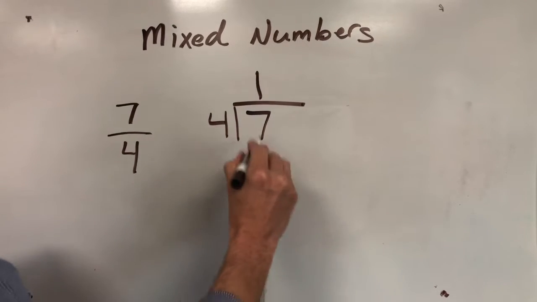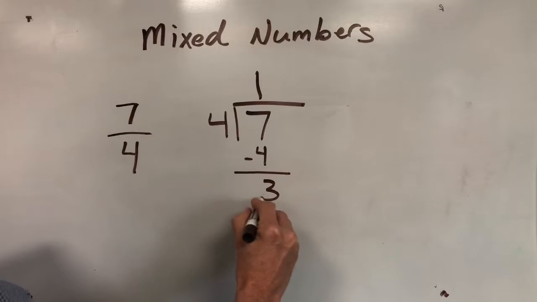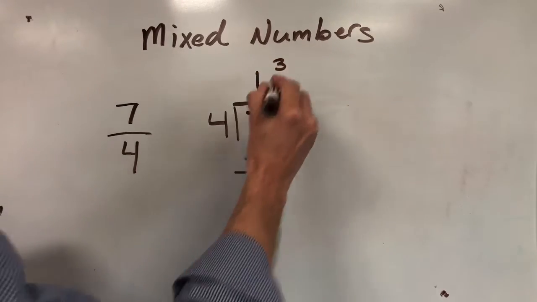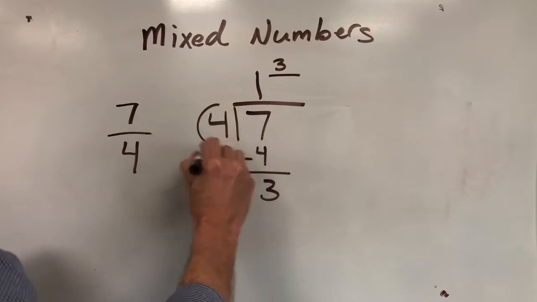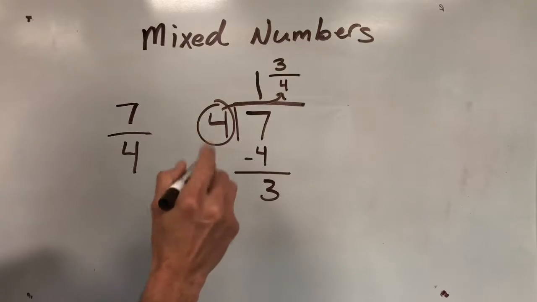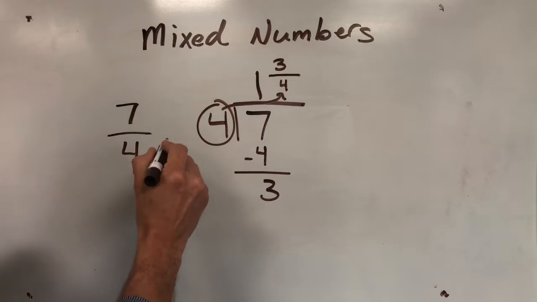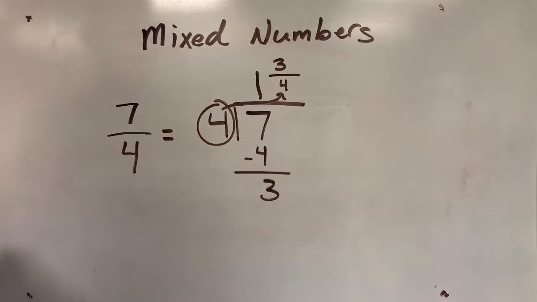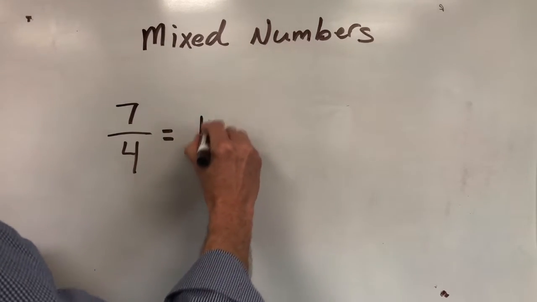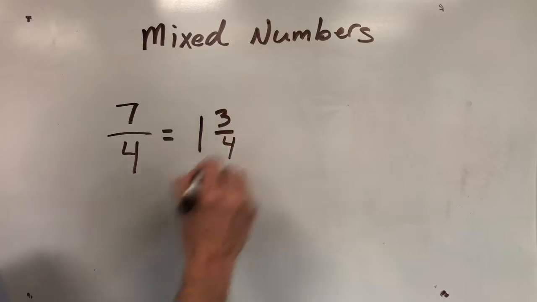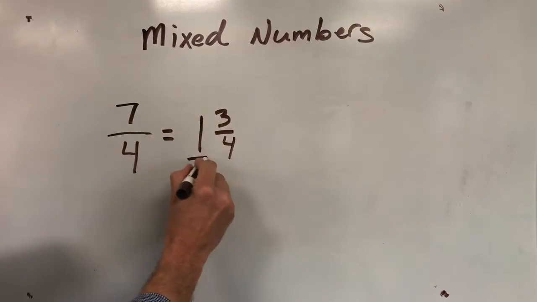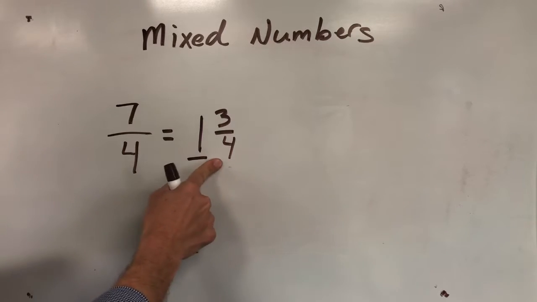If we do the subtraction problem, 7 minus 4 equals 3. The 3 becomes the numerator in the fraction, and the original 4 becomes the denominator, like this. So it turns out that what we would write here, I'll erase this over here, we got 1 3/4. This is the mixed number. It has an integer and a fraction.